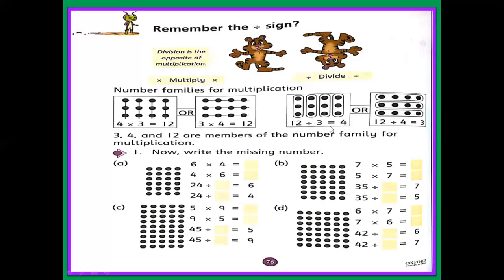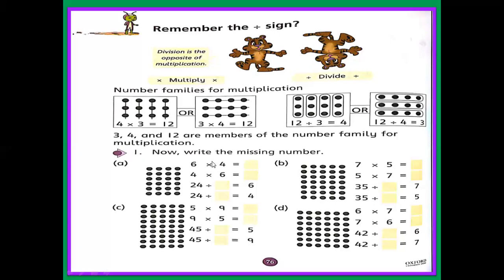Read the table of 3, and this one read the table of 4. 4 ones are 4, 4 twos are 8, 4 threes are 12. So write 3. Our answer is 3. Here we represent columns with 4 and rows with 3. So 3, 4 and 12 are the members of the number family for multiplication.